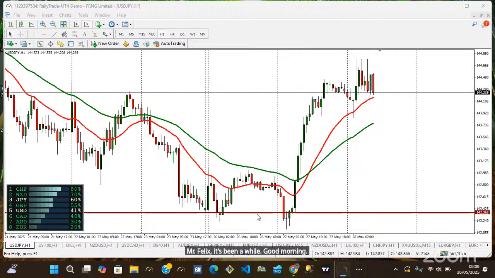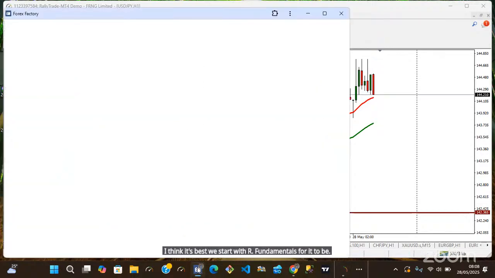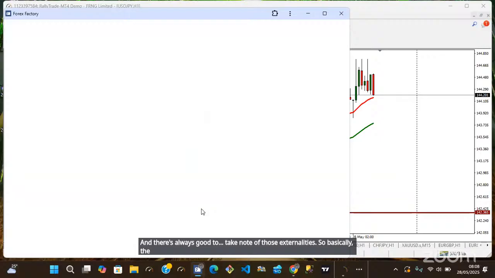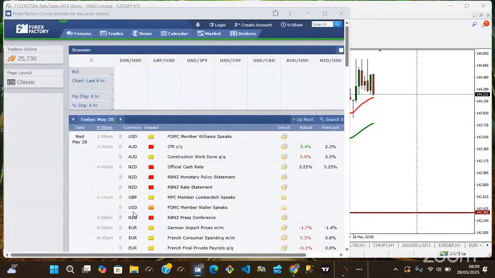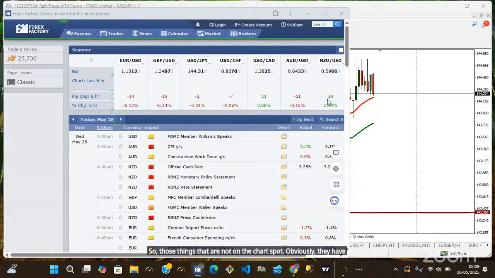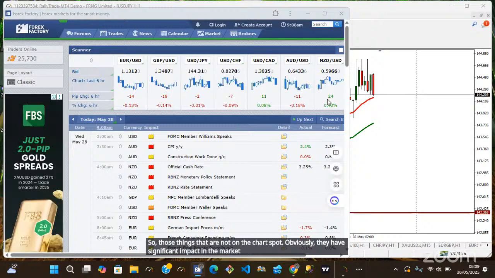I think it's best we start with our fundamentals for today, and it's always good to take note of those externalities. Basically, the fundamentals are the externalities that we have, those things that are not on the chart, but obviously have significant impact in the market when we study them.